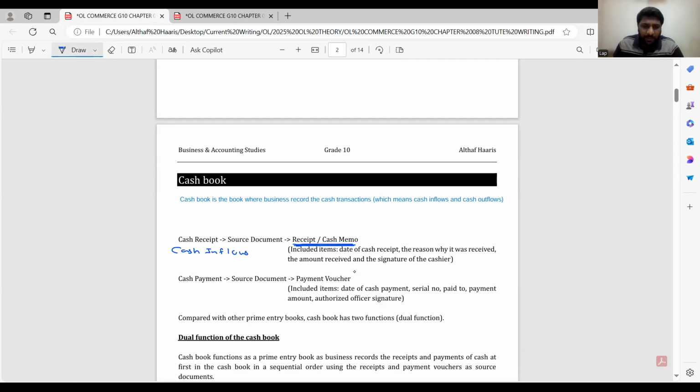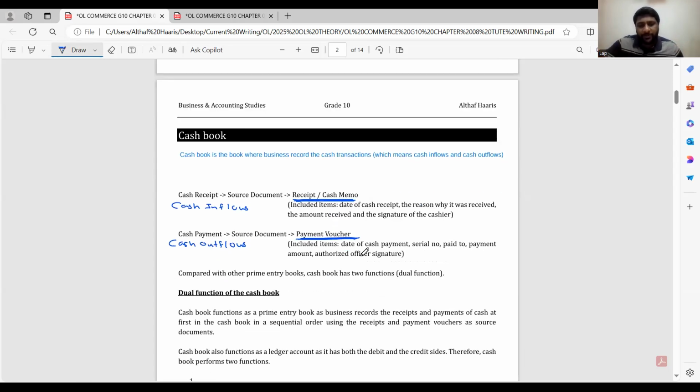For cash payments, meaning cash outflows, the source document is the payment voucher. This is something we studied in the previous chapter.